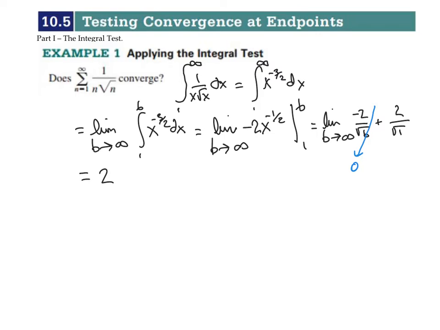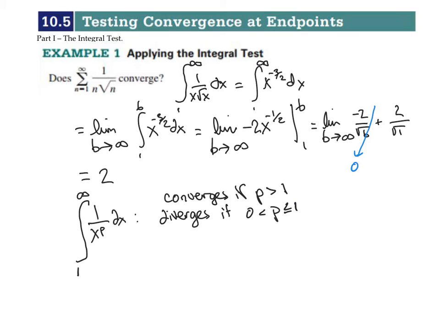So here was the p-test basic. So we worked on this back in Chapter 9, and integrals like this converge if p is greater than 1 and diverge if p is between 0 and including 1. And in this case, we were looking at a p-value of 3/2 because this is 1 over x to the 3/2.